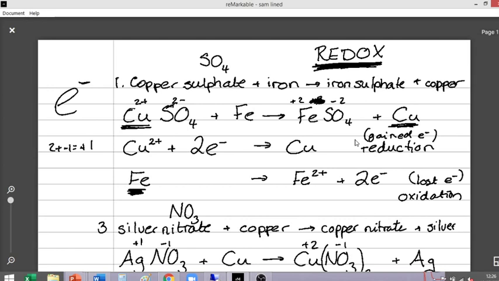So the idea of electrons and displacement coming together gives us a complex relationship between the two called a redox reaction, in which some of the chemicals are reduced, i.e. they gain electrons, and some of the chemicals lose their electrons and therefore are oxidized.